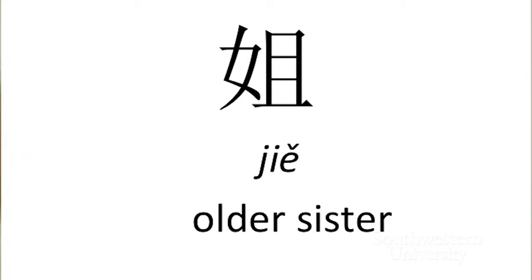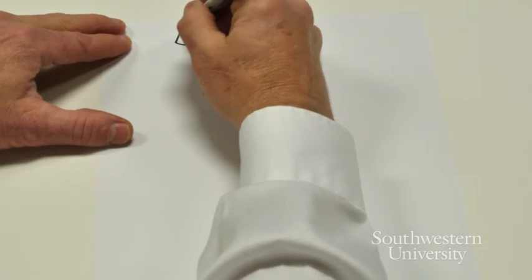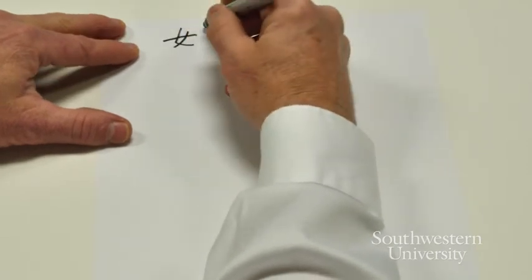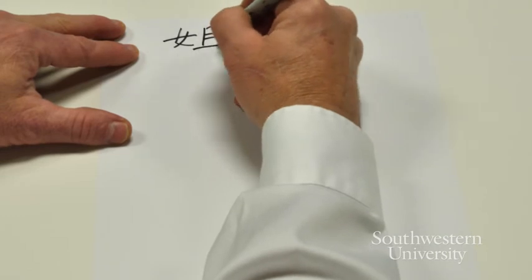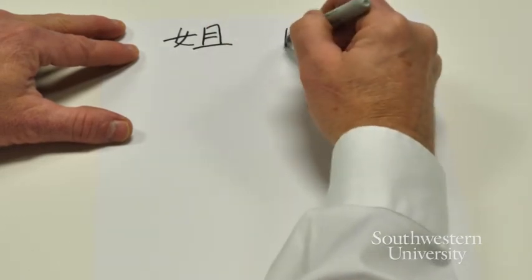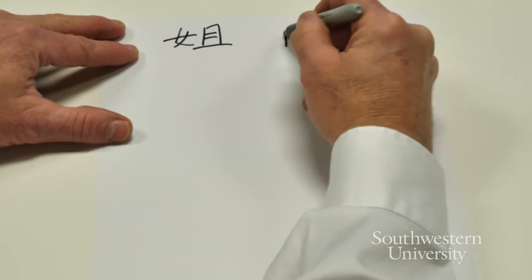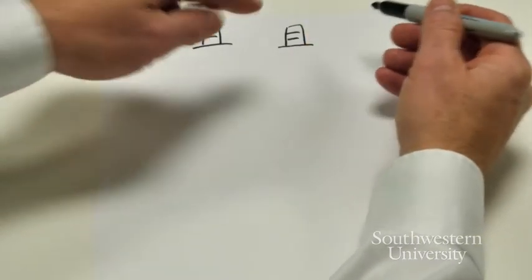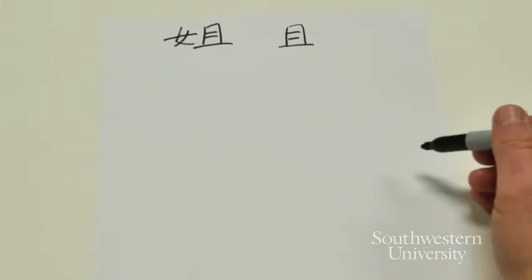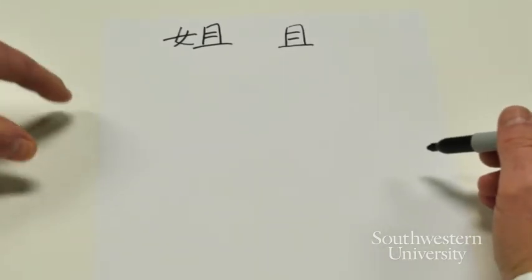The next character, jie, sister, is the female radical again, and then the right-hand side is phonetic, jie. Anciently, it's thought that this is a depiction of some sacrificial altar or implement, like a stand.